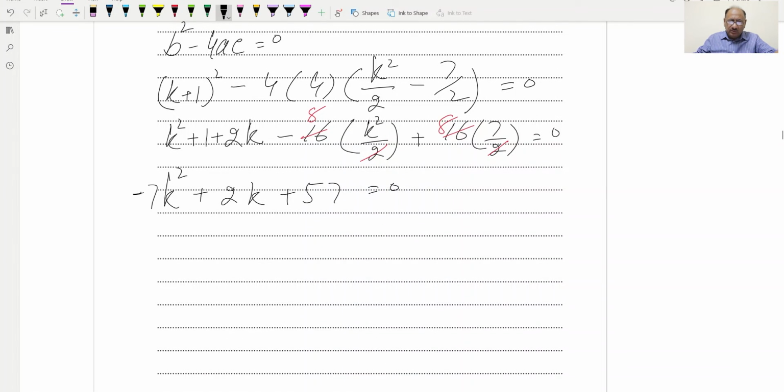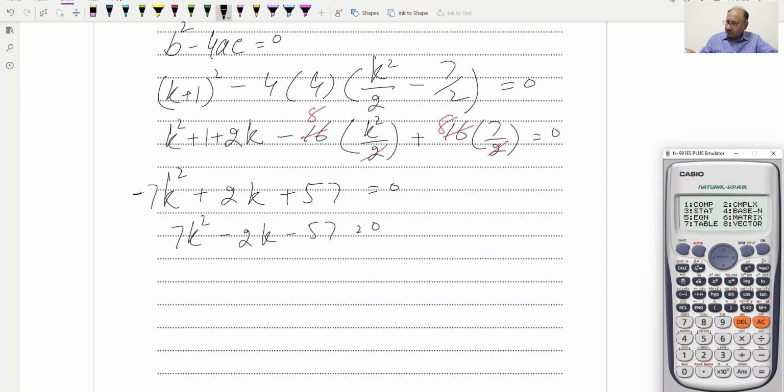Now we can solve this quadratic equation. This is a quadratic equation in terms of k, and we can rewrite it as this one, equal to 0. Now we can factorize: the coefficient of k square is 7, the coefficient of k is -2, and the constant value is -57, and this will be 3 and minus 19 by 7.